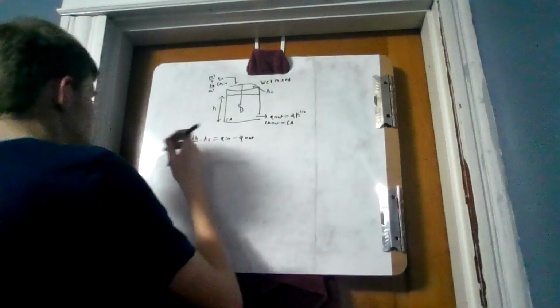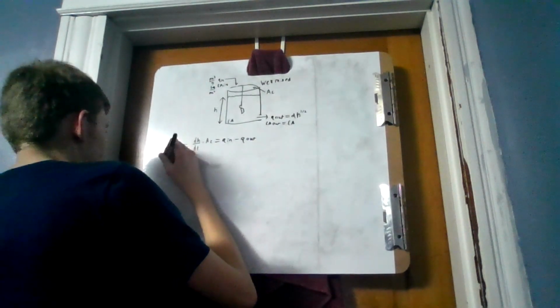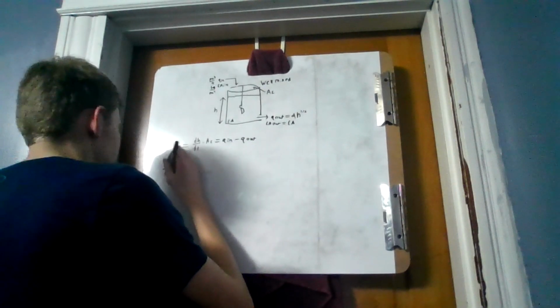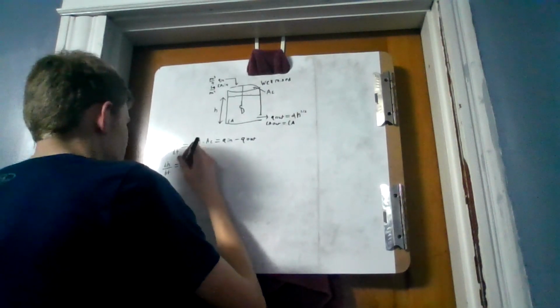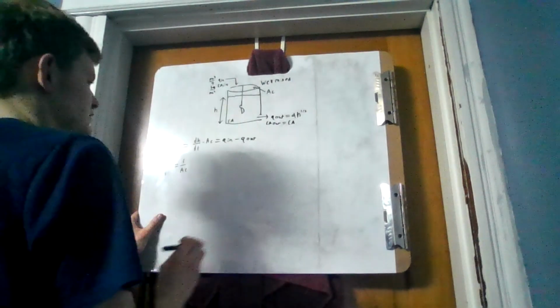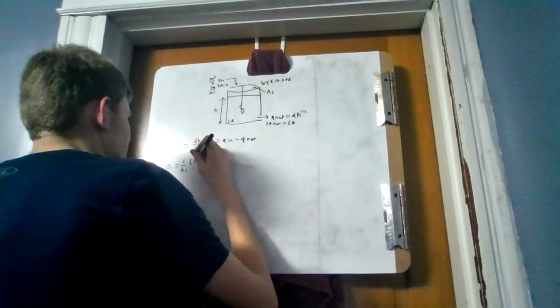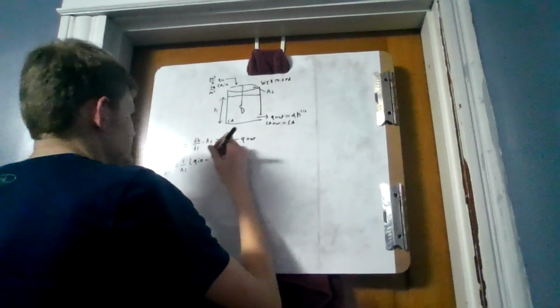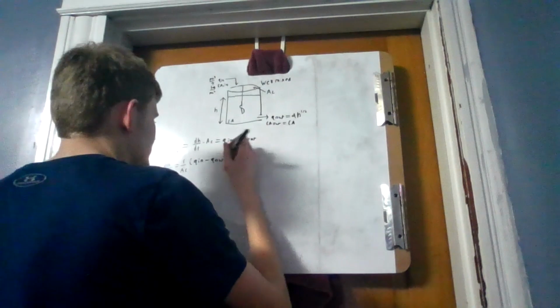So we can then set up a new equation as such, which is our change in fluid level is equal to our cross-sectional area, since we're going to take this cross-sectional area and multiply it to the other side, times our inlet flow minus our outlet flow.